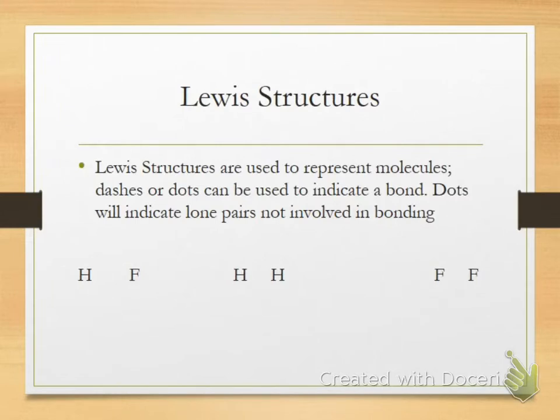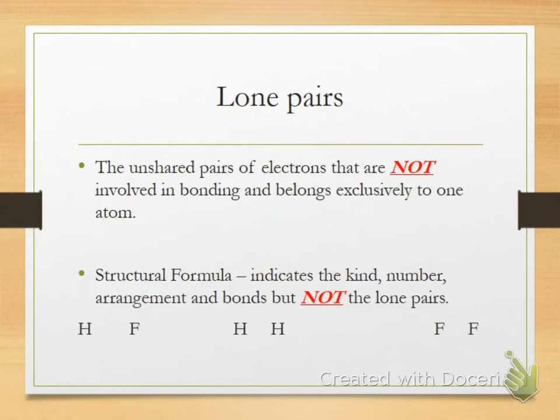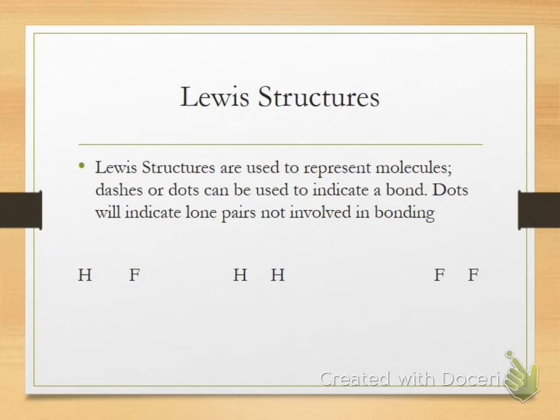So the way that we draw Lewis structures is we're going to use these dots or dashes to indicate where a bond happens. The best way to do it is draw your electron dot of the individual atoms and see where they would join up. So hydrogen has how many valence electrons? 1. And how many did fluorine have?